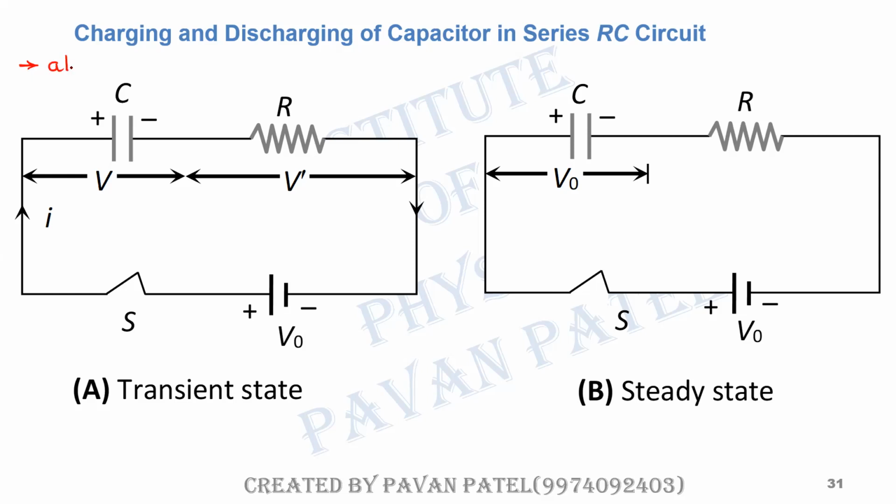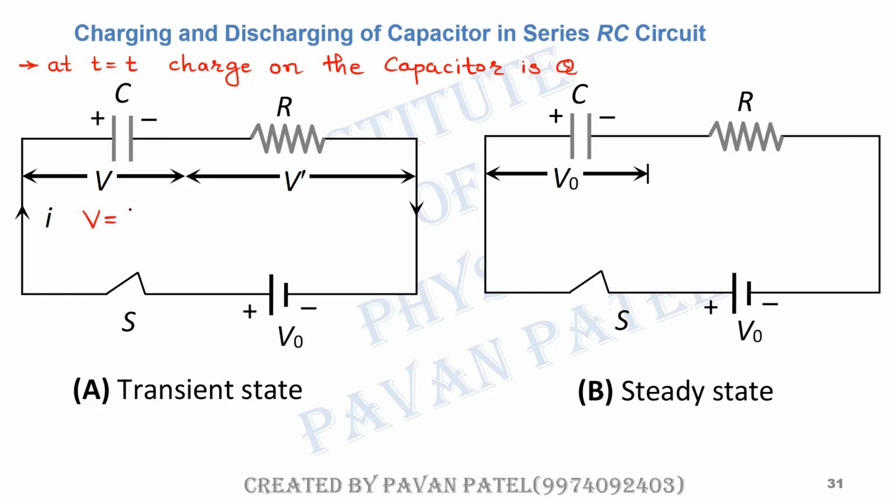So at t equals to t, charge on the capacitor is Q, so V is equal to Q by C. ये V क्या हो जाएगा?